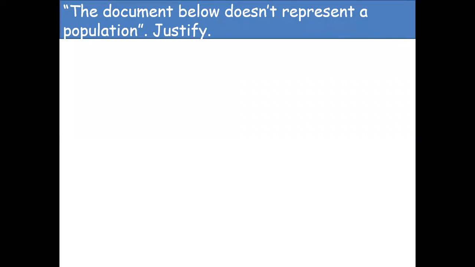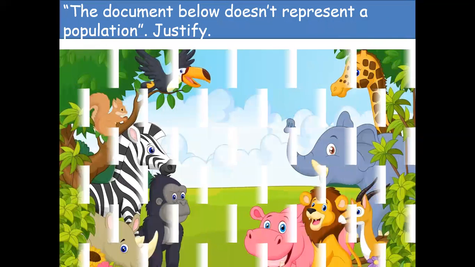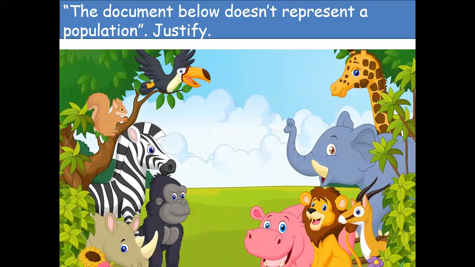Okay, now look at this picture or this document. It doesn't represent a population. We have to justify that. If we look at this picture well, do we have only one kind of animal here?